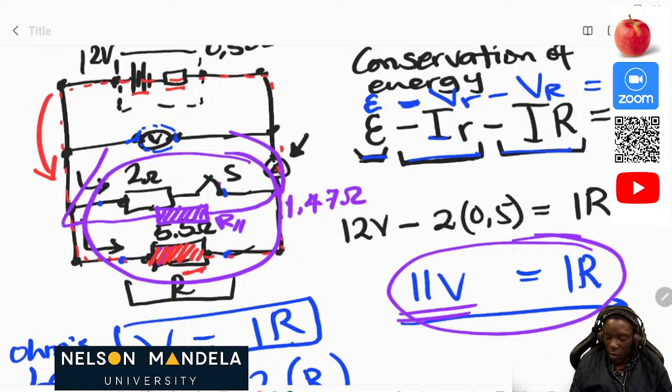A 5.5 ohm resistor would have a greater voltage than a 1.47 ohm resistance. So introducing a 2 ohm resistor across the 5.5 effectively decreases the resistance and also effectively decreases the voltage across those two parallel arms. So the voltmeter reading should decrease.